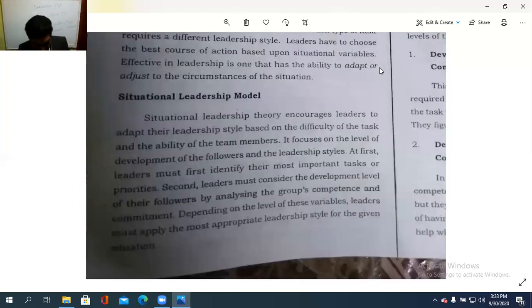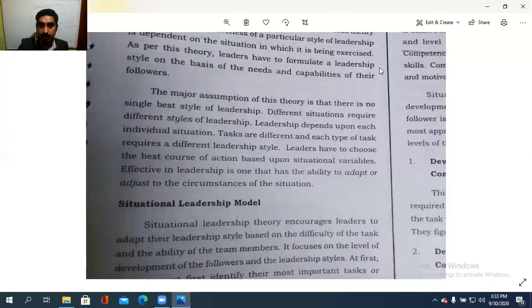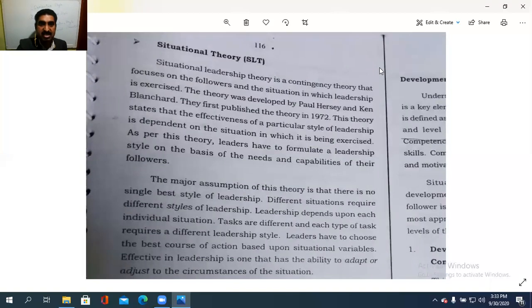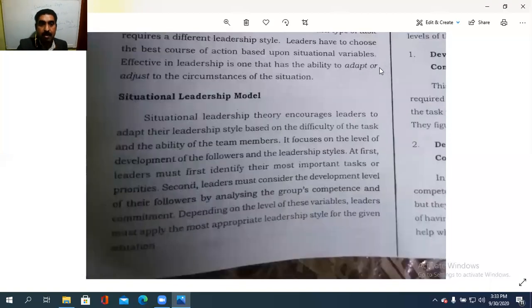Only if they adjust will there be success. That is what Ken Blanchard and Paul Hersey propounded as the situational leadership theory. Based on each and every situation, the leader must follow, or the subordinates must perform the duties as it is.